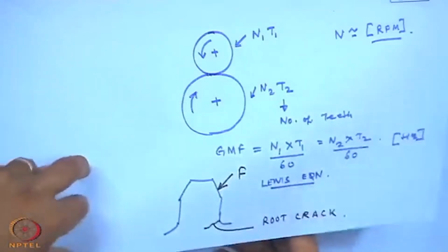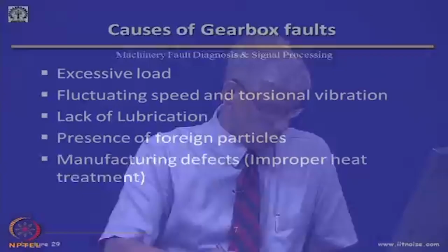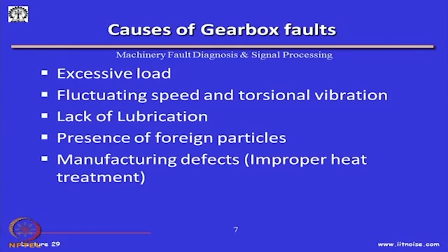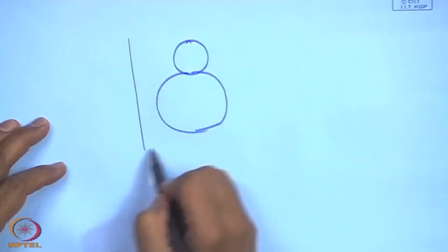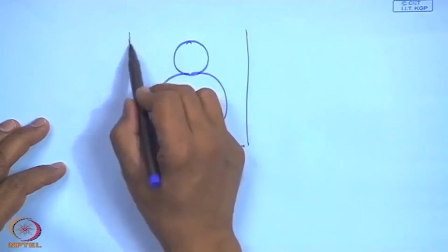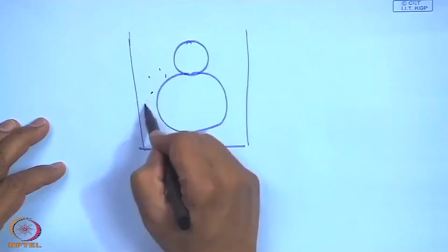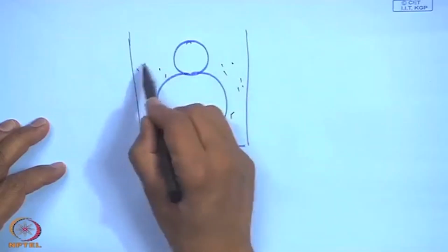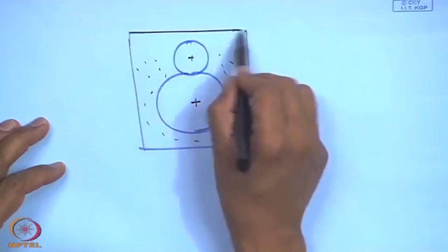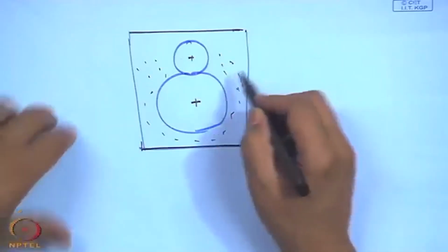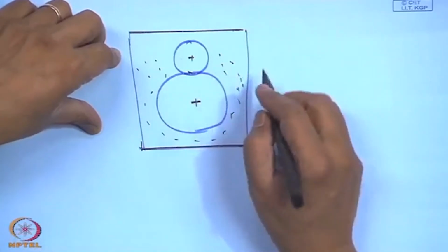And another thing is, on this gearbox we will be having what is known as the fluctuating speed and torsional vibration. Lack of lubrication: if the particles are not lubricated and the heat is not being taken away by the lubricant, there will be a lot of heat generation.